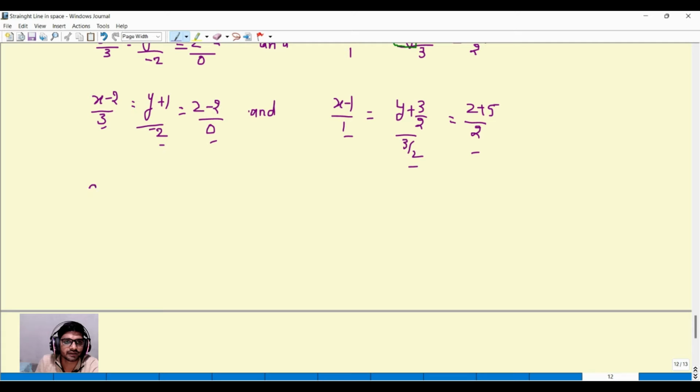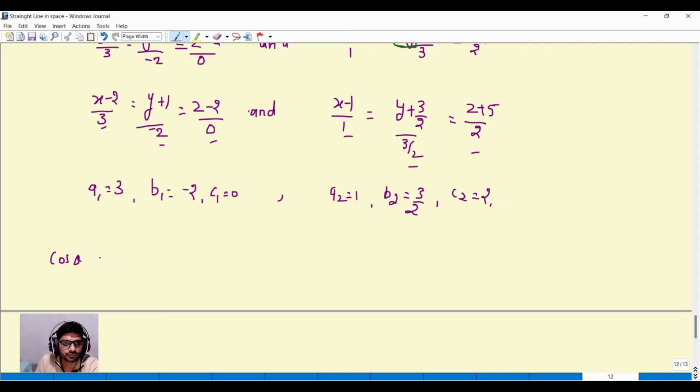Then what is a1? a1 is 3, b1 is minus 2, and c1 is 0. And a2 is 1, b2 is 3 by 2, and c2 is 2.